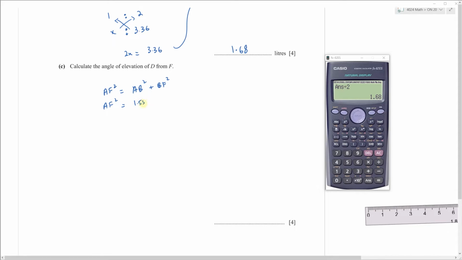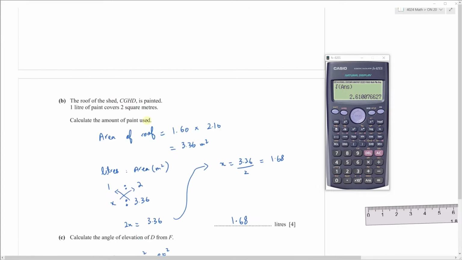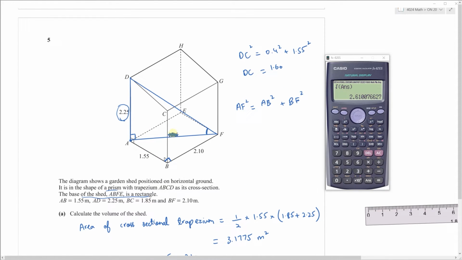So AF will be, let's calculate this, 1.55 square plus 2.10 square and then square root of this. So this is 2.61. AF is 2.61. So let's go back. So this is 2.61 AF.